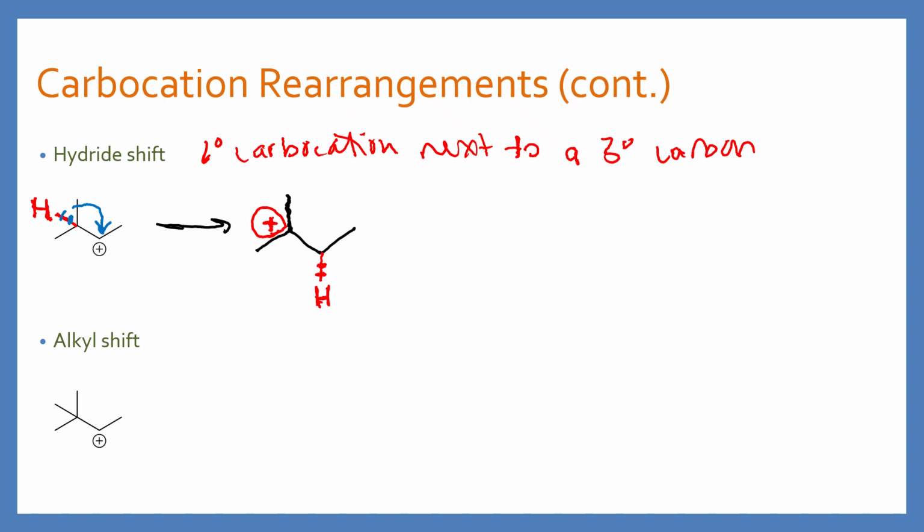So now the carbocation carbon is neutral, and the carbon that we stole those electrons from becomes positive. Sometimes students really struggle with carbocation rearrangements because it seems like you're taking the positive charge and moving it here. But a positive charge is an indicator of a lack of something. And if you don't have something, you can't move it, if that makes sense.